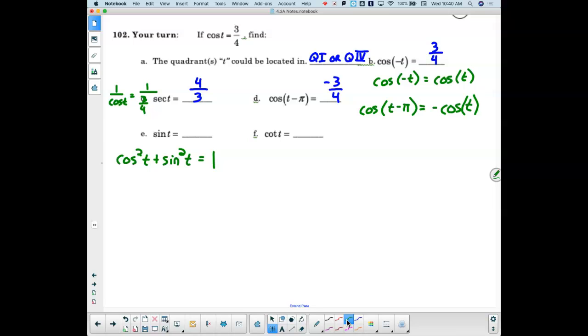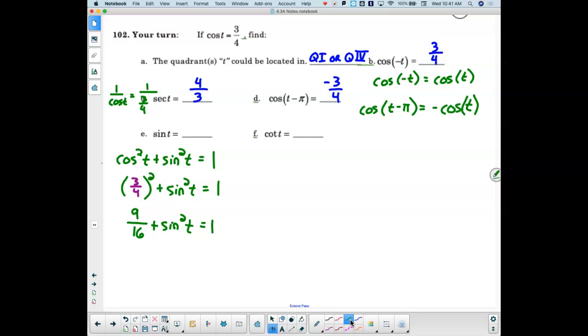Cosine squared is going to be 3/4 squared, which is 9/16. Then 1 minus 9/16. Did you do that in a calculator or in your head?